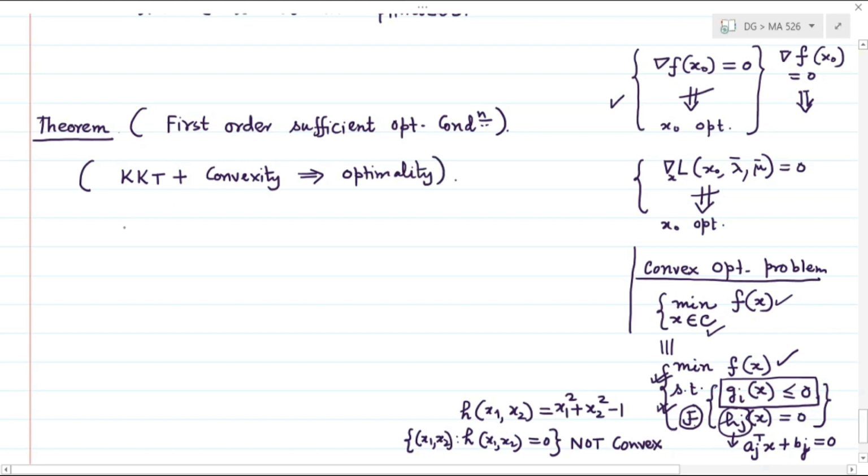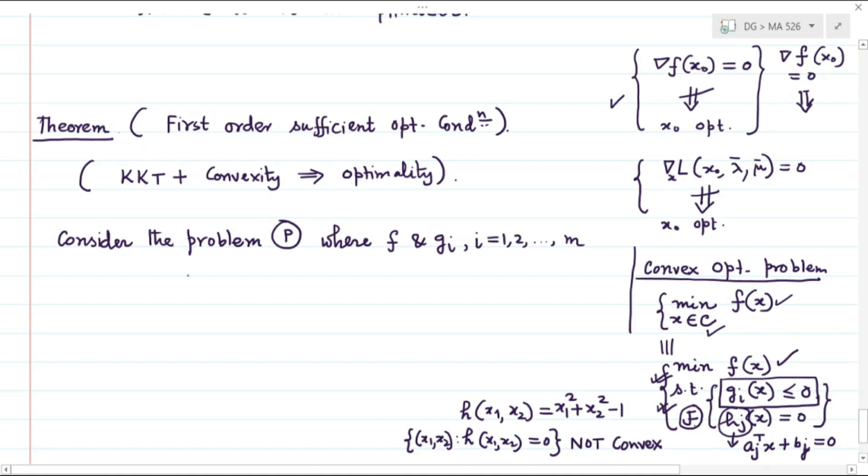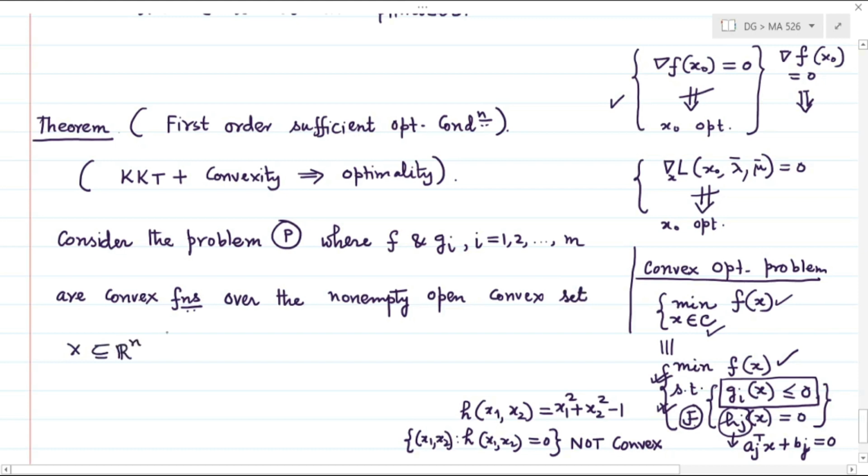Let me be neat. It says: consider the constrained problem P, where f and g_i for i = 1 to m are convex over the non-empty open convex set X, a subset of R^n, and you take h_j given by a_j transpose x plus b_j. Here a_j is a vector and b_j is a scalar.